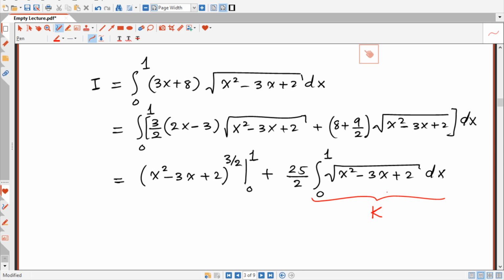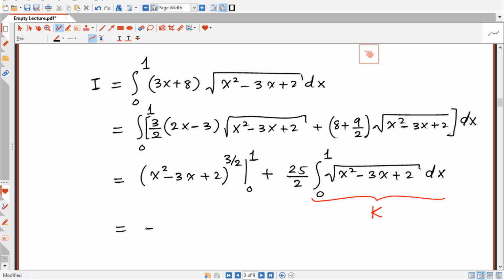Okay, so we have to evaluate that. But let's evaluate this integral here first. If we substitute 1, that's 0. If we substitute 0, then it's going to be minus 2 to the power 3 by 2.